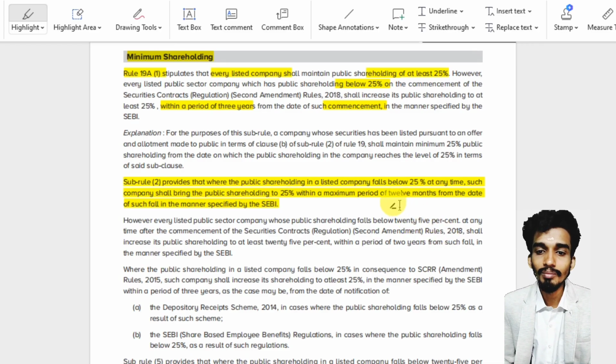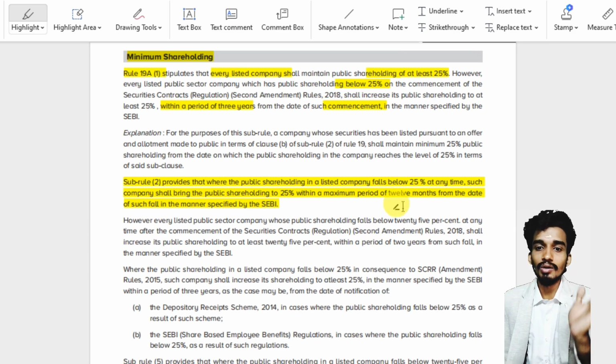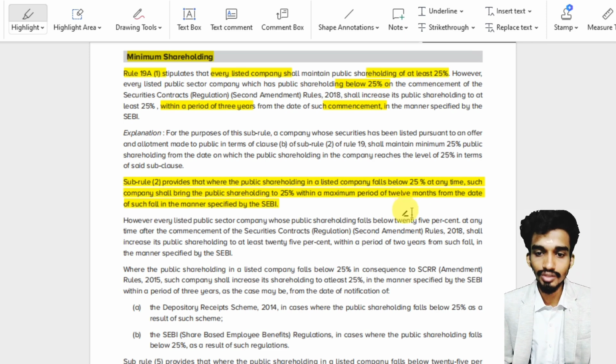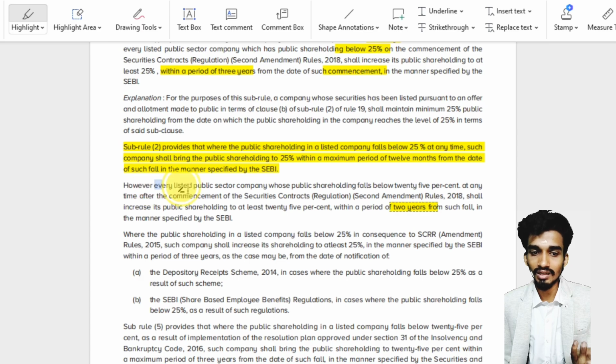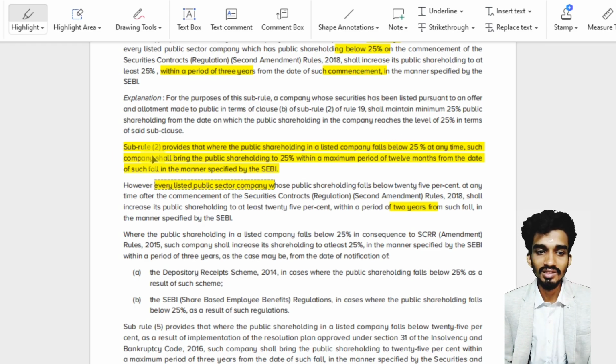They have given various periods for various companies: for public sector companies, they have given 2 years; for public companies, 1 year; for commencement, 3 years. But you can generally remember the most important one.